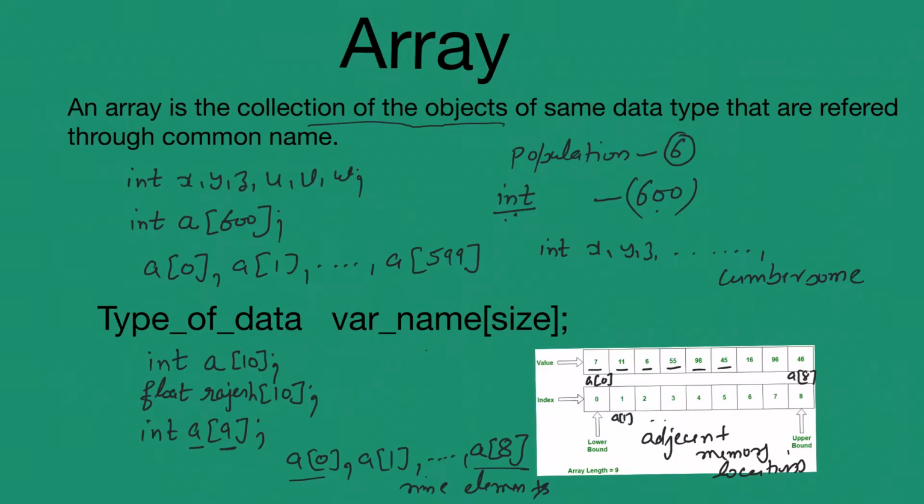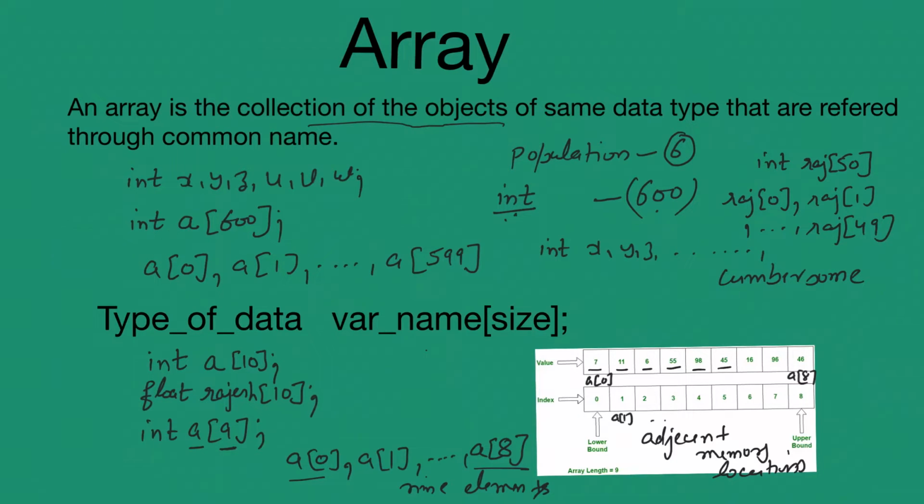Like here we have declared the variable. If I declare the array variable int Raj[50], this has array size 50 and its first element is Raj[0], its next element is Raj[1], and so on. Its last element is Raj[49].